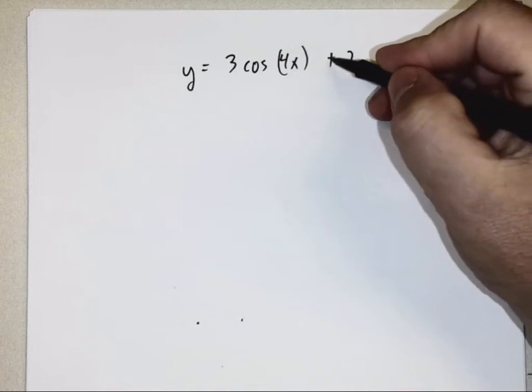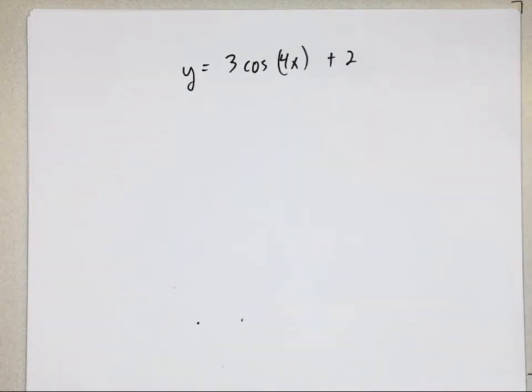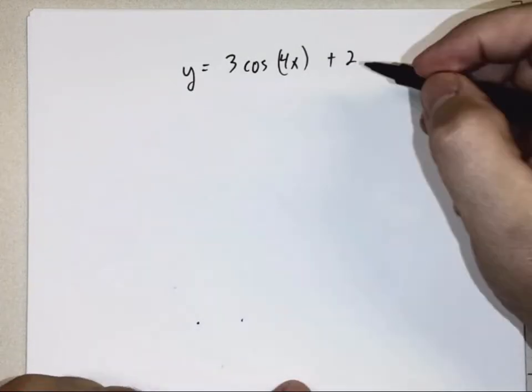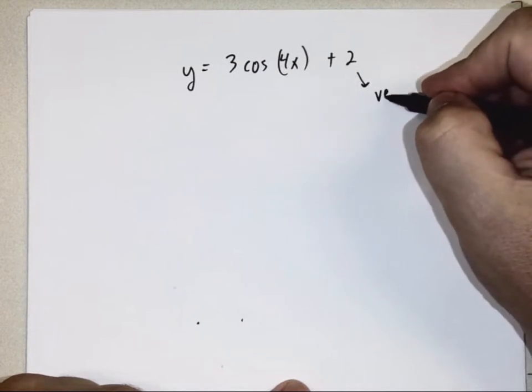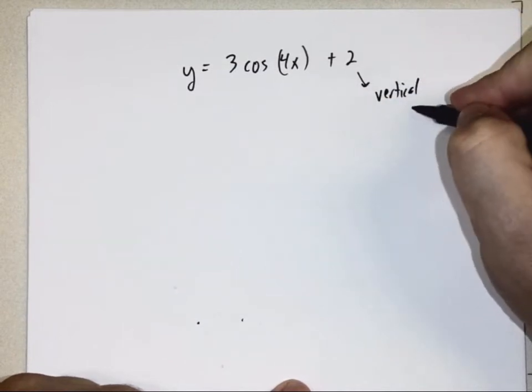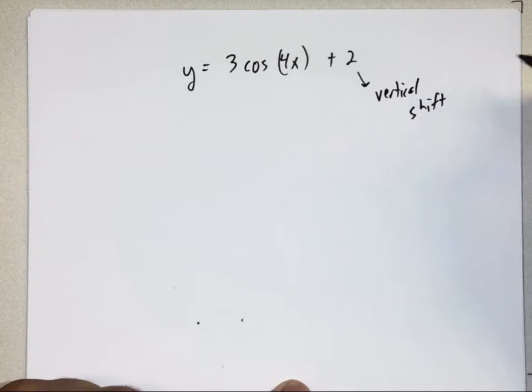Now at the very end, we add on a number. This number ends up pretty straightforward. It causes a vertical shift.